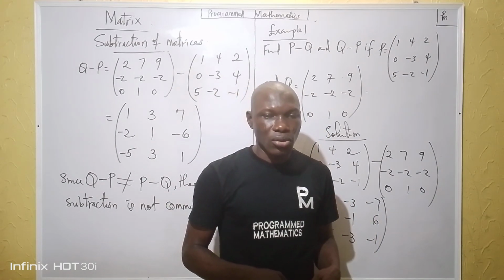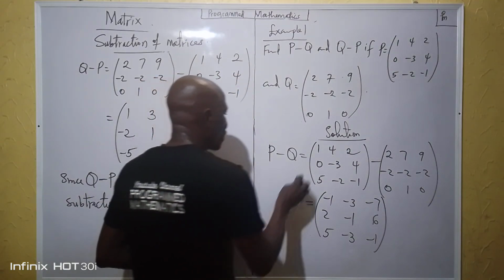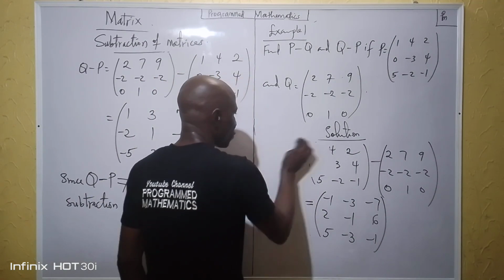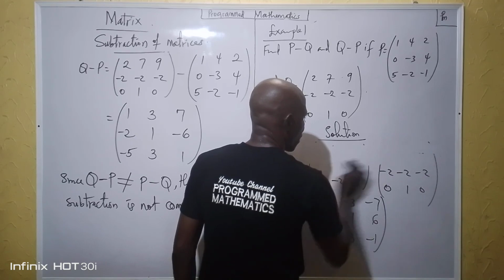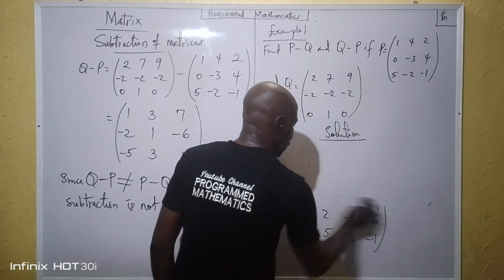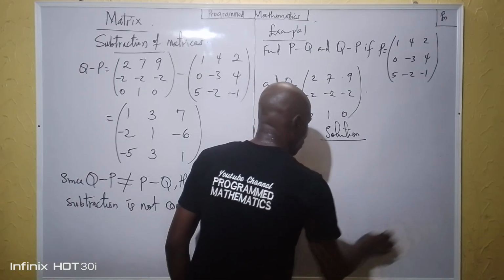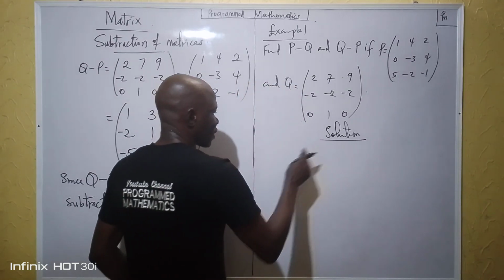Now, before you go for today, I need you to do this as an assignment. In the next video, we shall be getting the solution to this. Now the assignment is this.